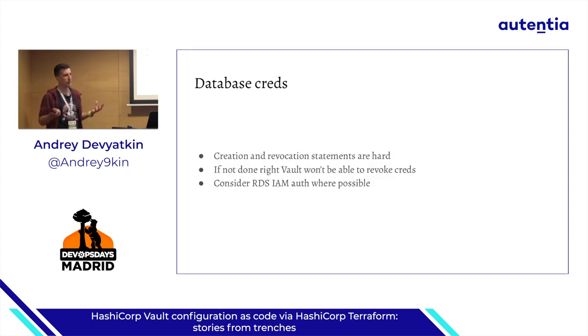So, database credentials, and those are hard, because when you're configuring the database secret engine, again, you need to provide Vault with credentials to manage your database credentials, right? And you need to provide a creation statement, revocation statement, and renewal statement. Those are hard because imagine you giving your application temporary credentials.